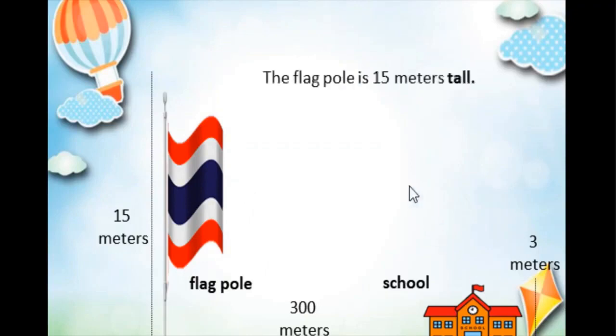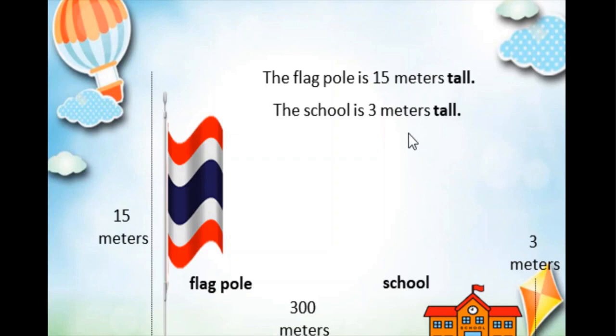First, the flagpole is 15 meters tall. Again, the flagpole is 15 meters tall. Second, the school over here, the height is 3 meters tall. The school is 3 meters tall.